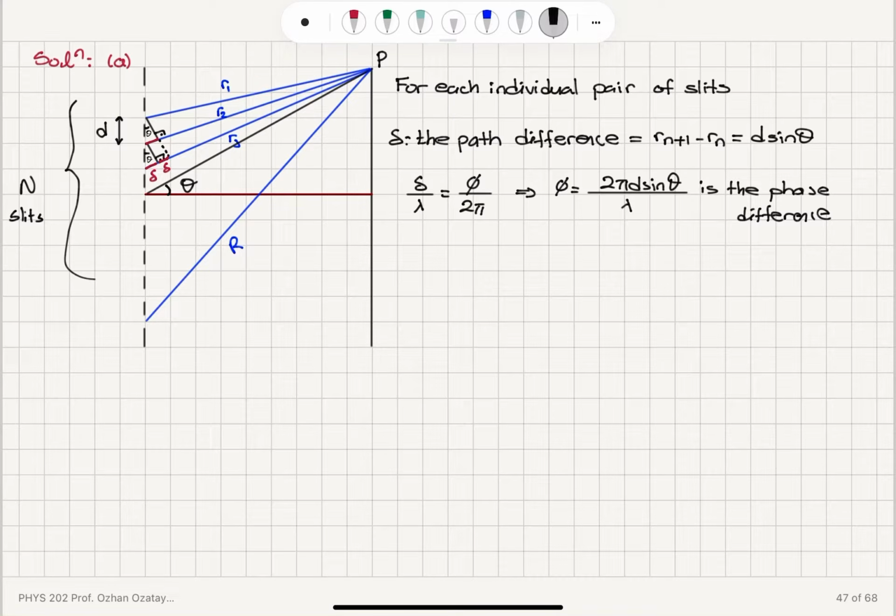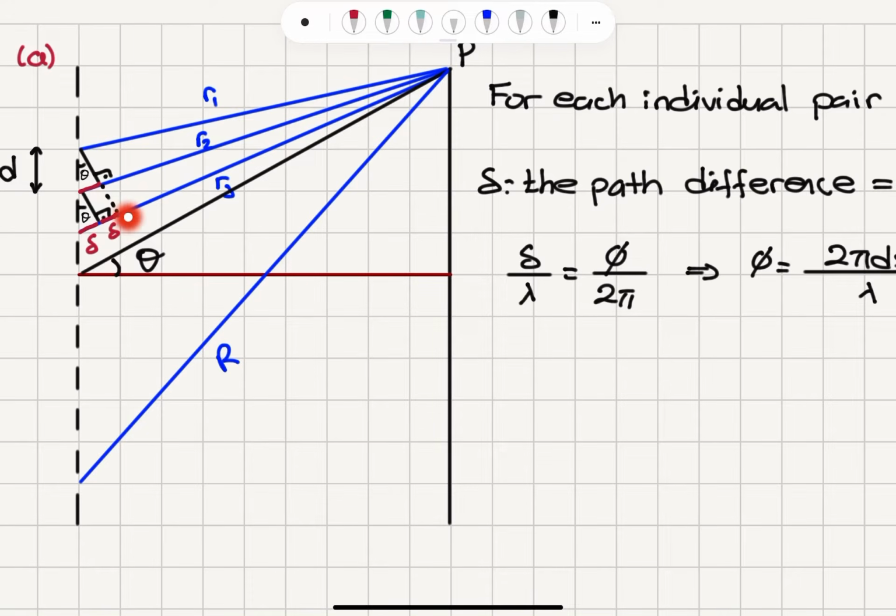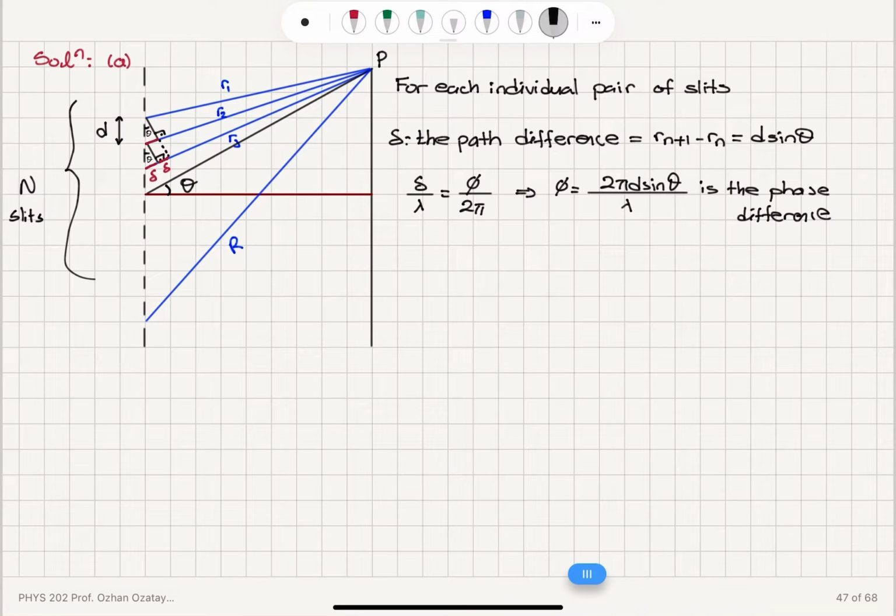And so what we see is that the phase increases by phi as we go from one slit to the other, because we have 2 path differences, 3 path differences, etc. as we go from one slit to the other.